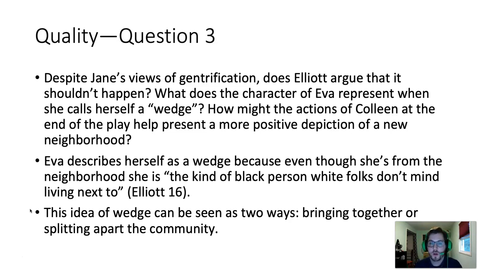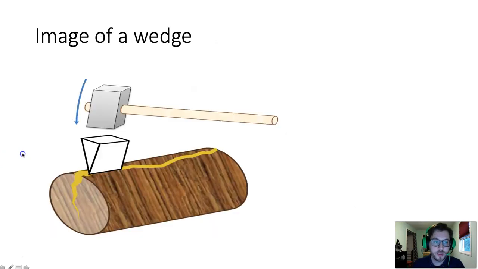So let's focus on this use of the wedge. Eva herself represents a symbol in Elliott's play. Eva tells us that she is a symbol. She says that she is a wedge. Now, a wedge can have a couple of meanings. One, a wedge could split a community. You put a wedge into a log to be able to easier split it.